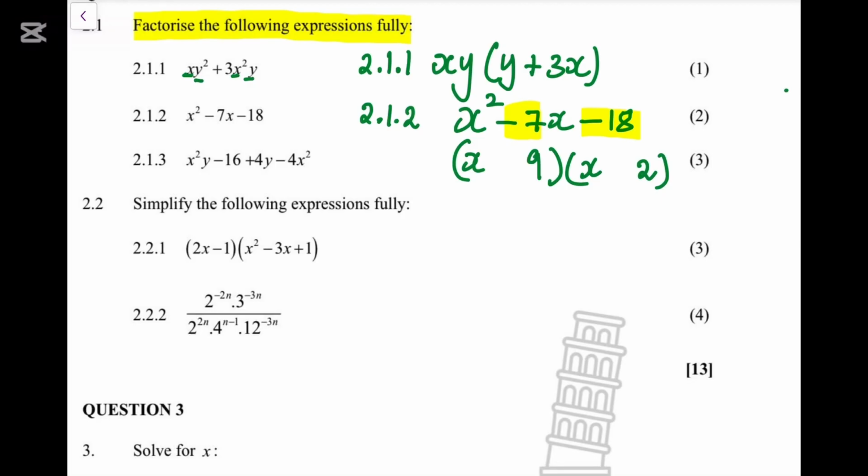So if signs are different, the bigger number will correspond with the middle term. So we have minus and plus. And then we have factorized this expression. So the factors are x minus 9, x plus 2. Okay, let's move to the next one.